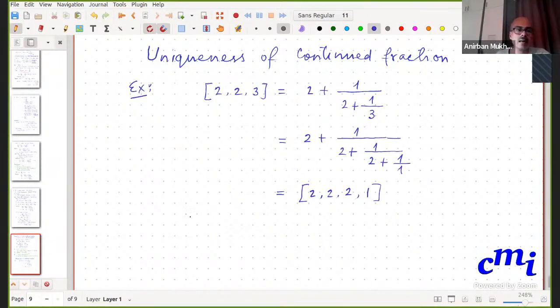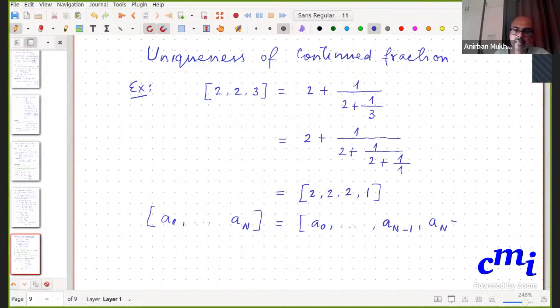In general, if I have this continued fraction a0 to an, I don't do anything to the entries up to a(n-1).